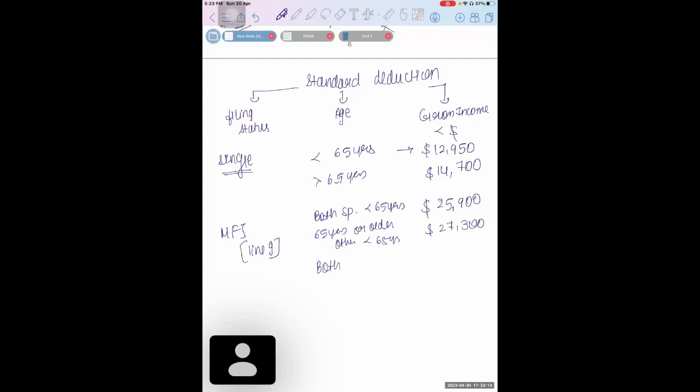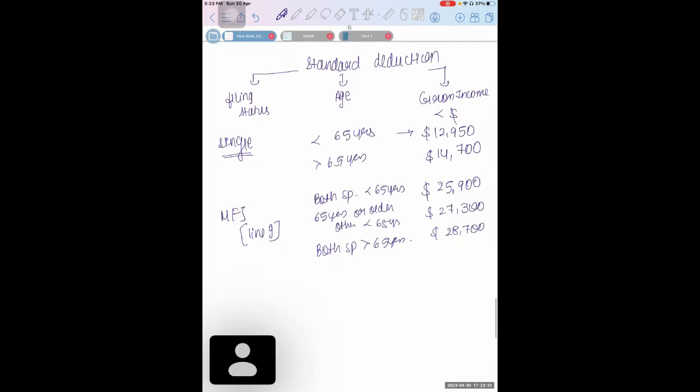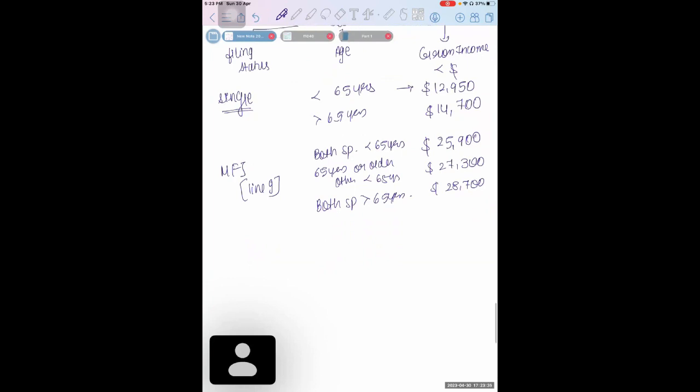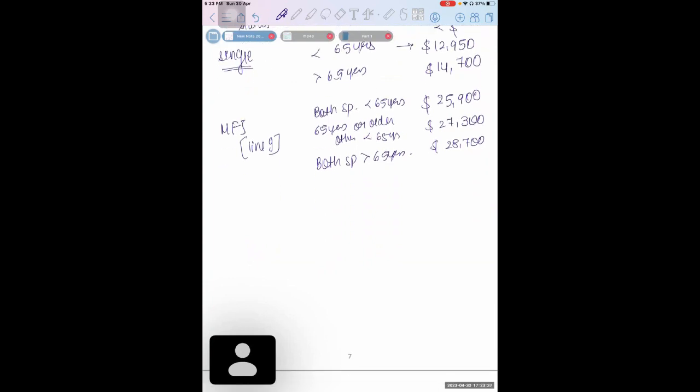If both spouses are more than 65 years, then they can take $28,700 as a deduction. Any question, guys? This is very simple, and you don't have to remember the limits. That's why I'm not explaining it. There's nothing to explain in the limits.